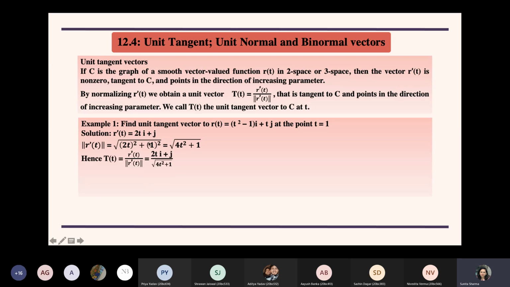Then you take the ratio r dash divided by norm of r dash to get the unit vector. When you put t equals 1, the numerator is 2i plus j, and the denominator will be root of 4 plus 1, which is root of 5. So you get 2i plus j by root of 5. Does anyone have any doubts in this? I think it is pretty simple.